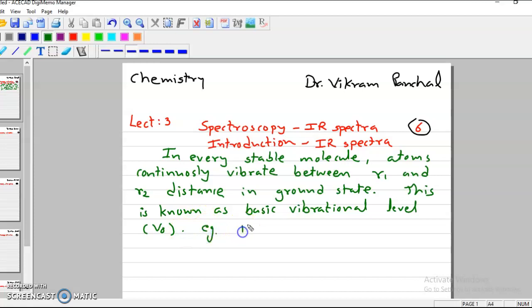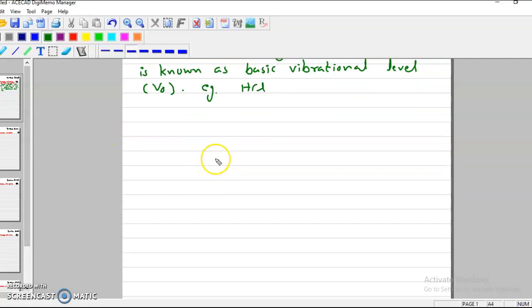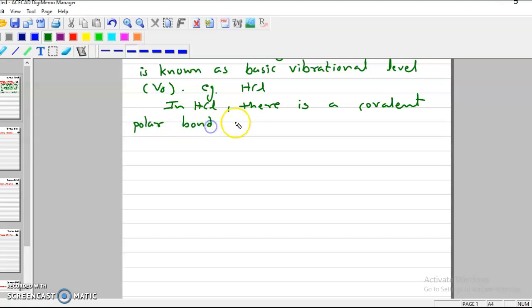As for example HCl, this we have seen in previous lectures. In HCl, there is a covalent bond which is polar also, so we consider these as covalent polar bond and has definite dipole moment.